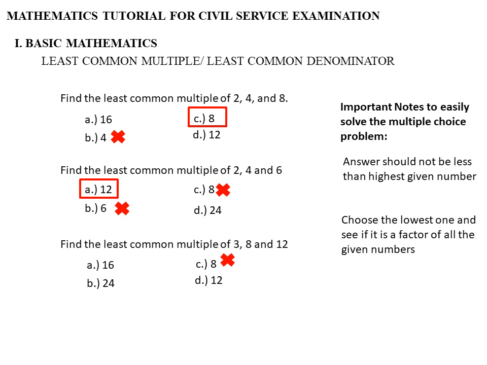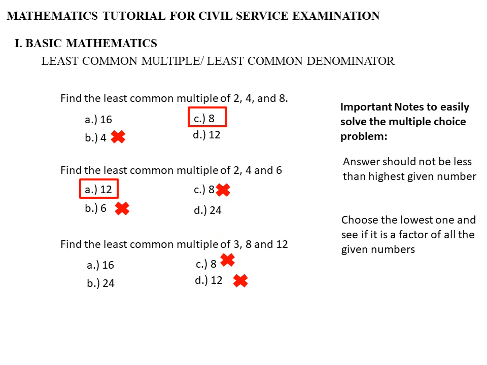It's not a common multiple. Let's try the lowest from the remaining, the 12. Is 12 a multiple of 3? Yes. Is 12 a multiple of 8? No. So 12 is not the answer.